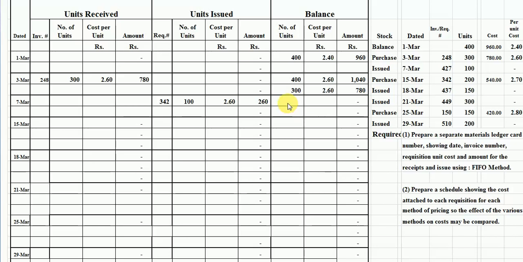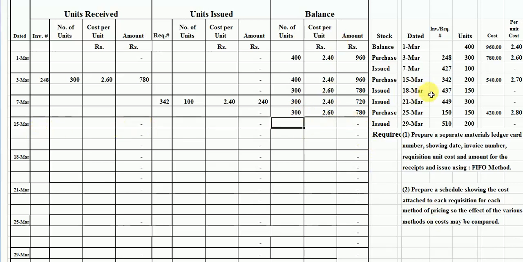Now students, our remaining inventory record is 300 units at the rate of 2.40, and the second purchase of 300 units at the rate of 2.60. Students, this is our current inventory record.